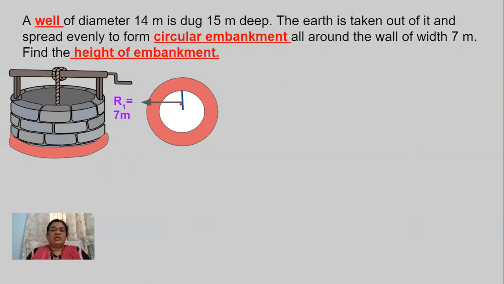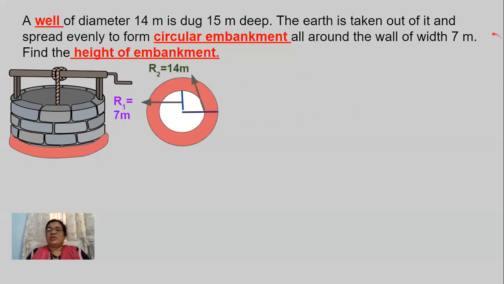So here, the diameter of the well is given, 4 meters. So naturally, the radius of this well, this white portion, is 2 meters.